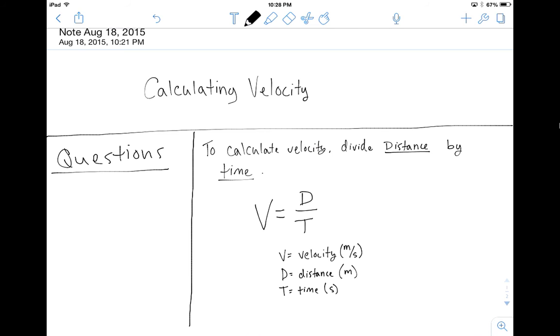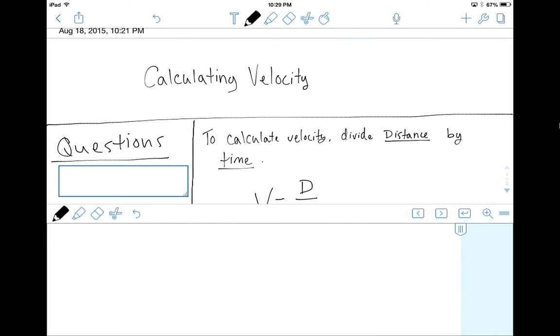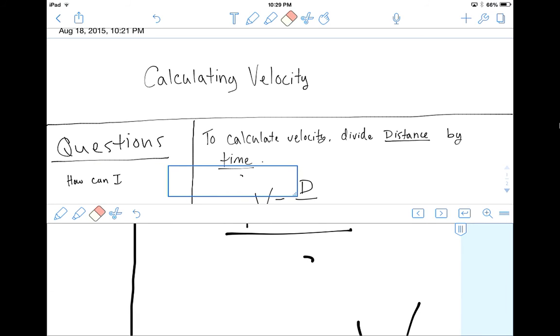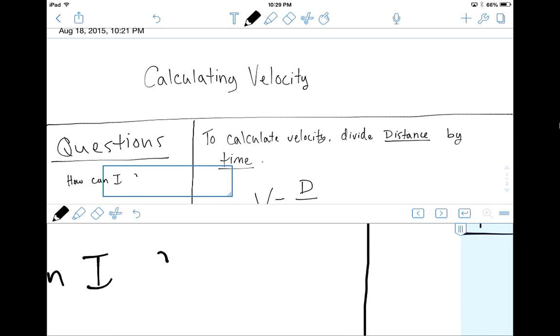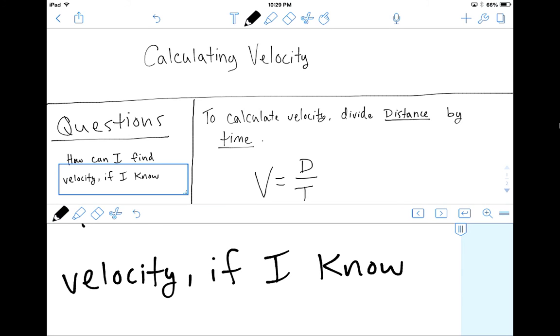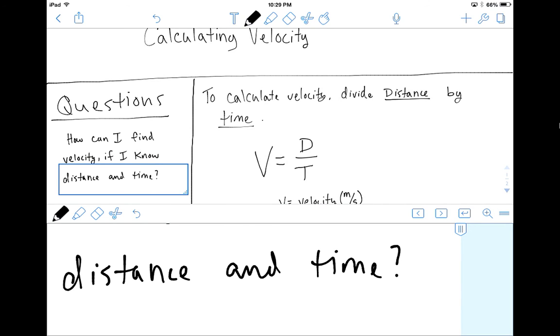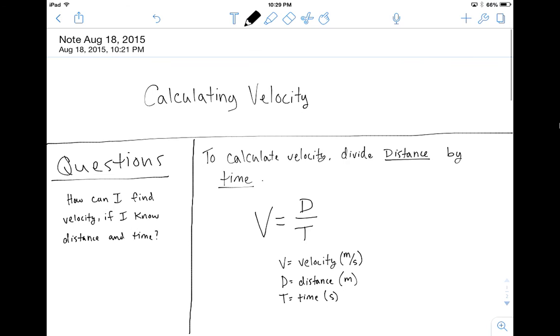It can be as simple as, how can I find velocity if I know distance and time?